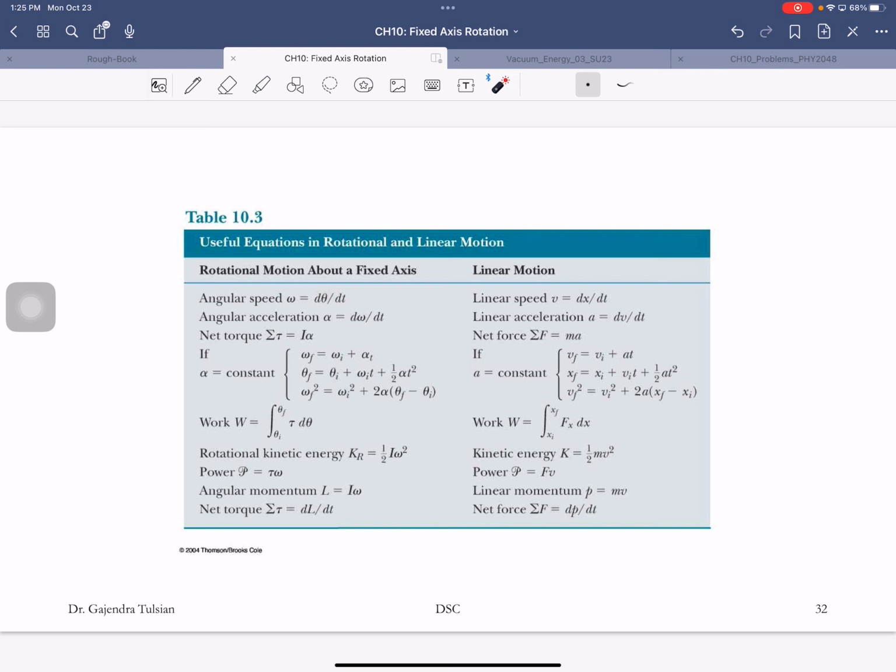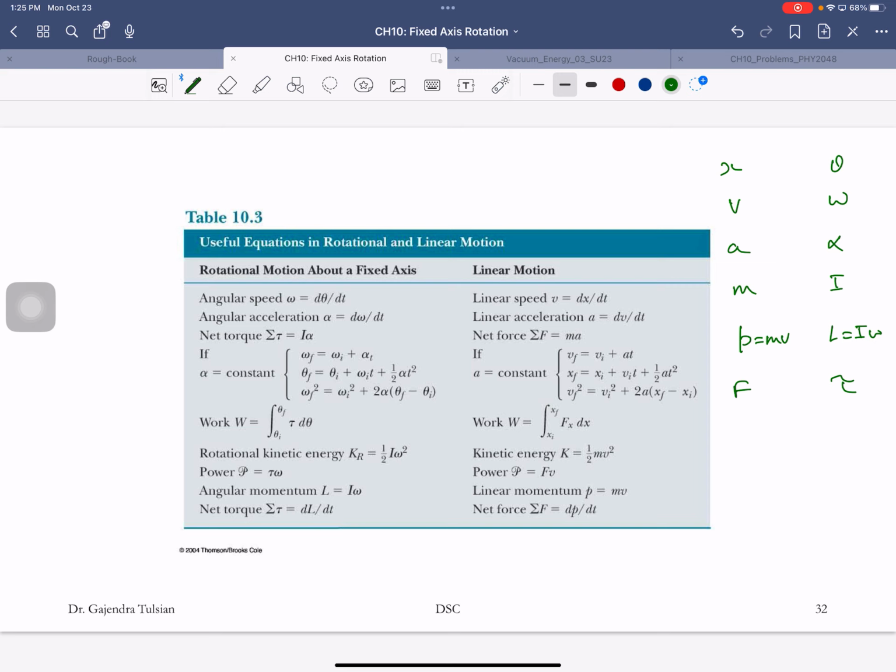And all you have to do is, for linear motion, x gets replaced by theta, v gets replaced by omega, a gets replaced by alpha, mass gets replaced by moment of inertia, linear momentum gets replaced by angular momentum, force gets replaced by torque, and so on.